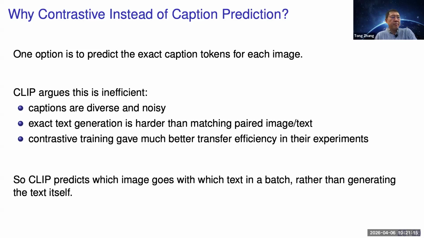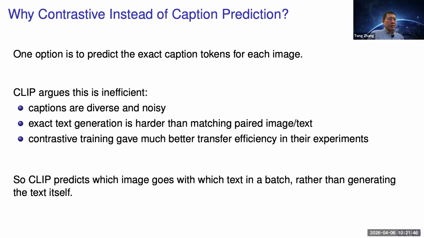Okay, so this is the design. This is easier to train. So CLIP predicts which image goes with which text in a batch rather than generating the text itself. Of course, nowadays LLM approaches can be different, which we will talk about later. Although we mostly talk about fine-tuning, one could revisit multimodal learning in different ways once you understand all the possibilities.